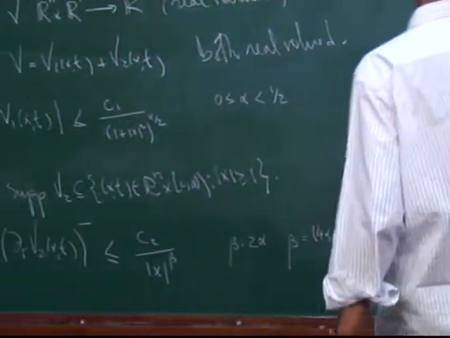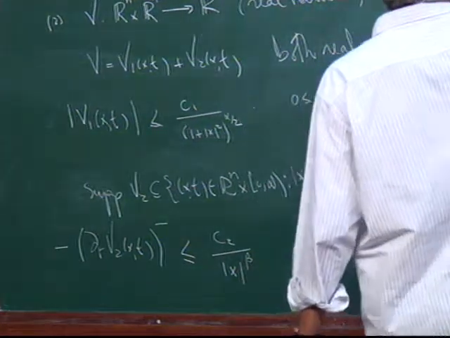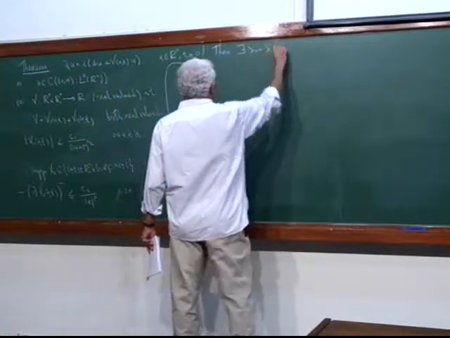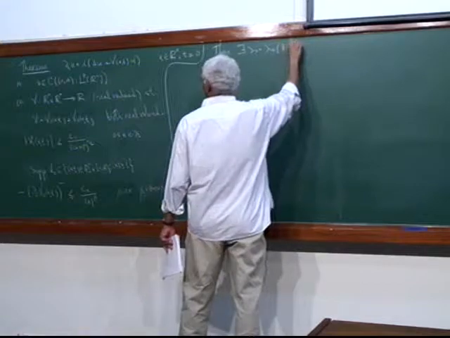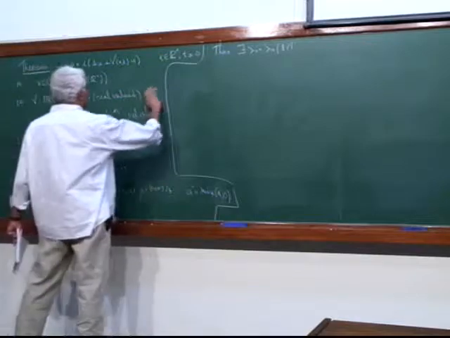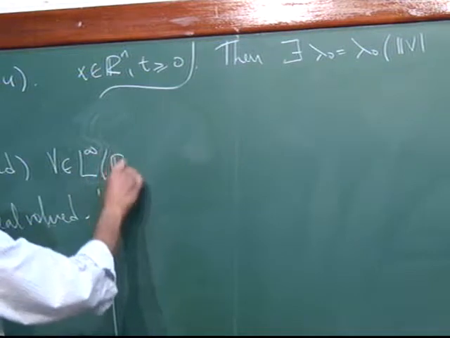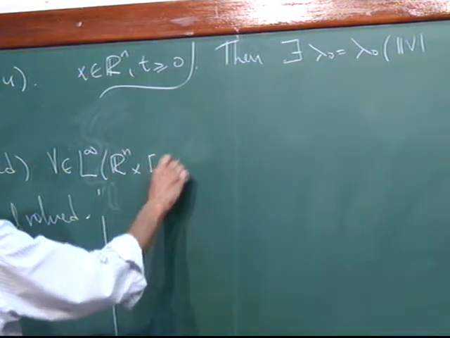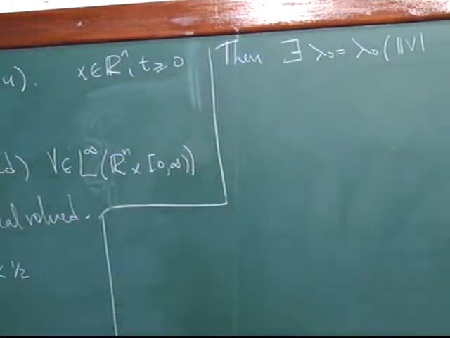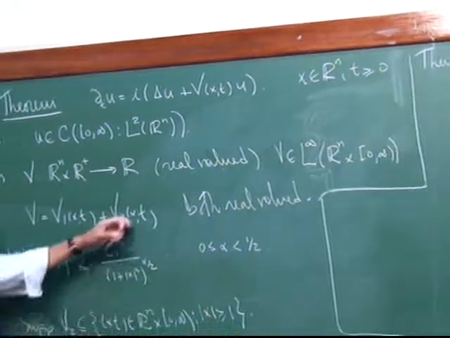Then there exists lambda 0 that depends on the L infinity norm. Oh, this is bounded, by the way. Of course. You are asking to have this decay for this part, and the other part has this decay.